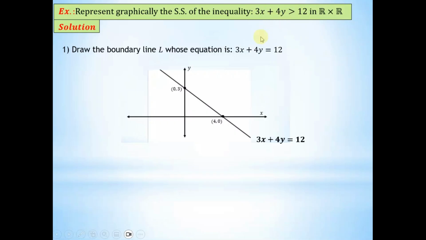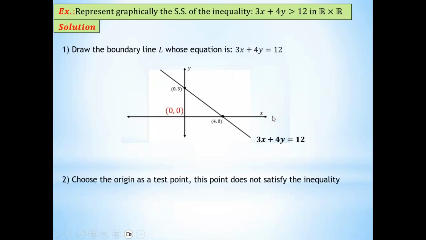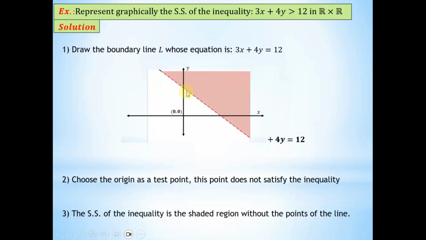So the origin doesn't satisfy the inequality, so the solution is the other region. After testing, we get that the region above the line, with a dashed line, is the solution set. Dashed means the solution set doesn't contain the line.